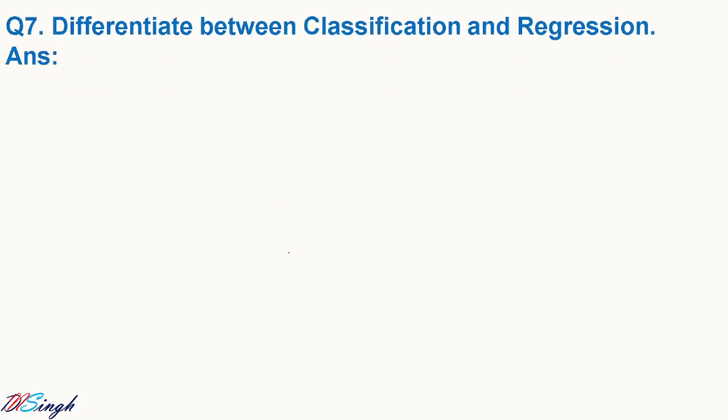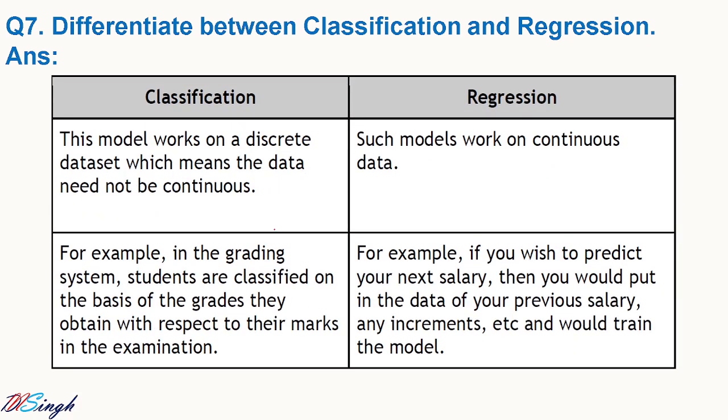Differentiate between classification and regression. Classification and regression both are part of supervised learning, which is a modeling approach. In supervised learning, we use labeled data. Classification works on a discrete data set, which means data need not be continuous.